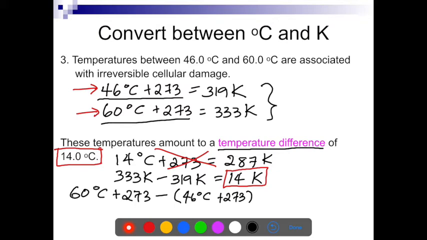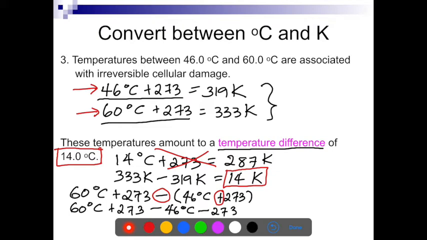If we expanded this equation, you have 60 degrees Celsius plus 273 minus 46 degrees Celsius, and then this negative sign here will multiply with that positive sign there. So you will have a negative 273.